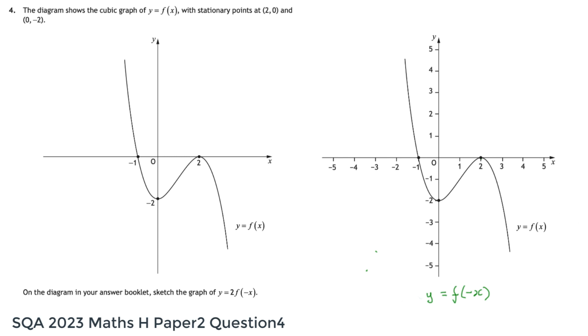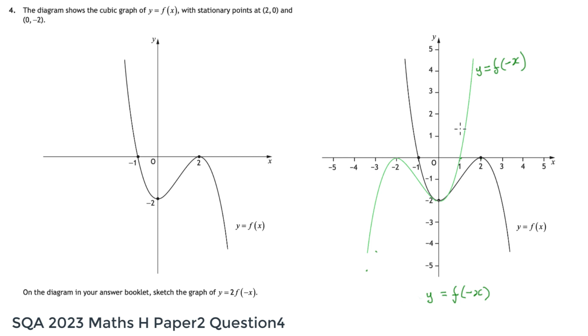So let's see that. There we go. So we've flipped the black graph in the y-axis to get that green graph, which has equation y equals f of negative x. So there's the first stage, and it crosses at 1, 0, whereas the other one crossed at negative 1, 0.